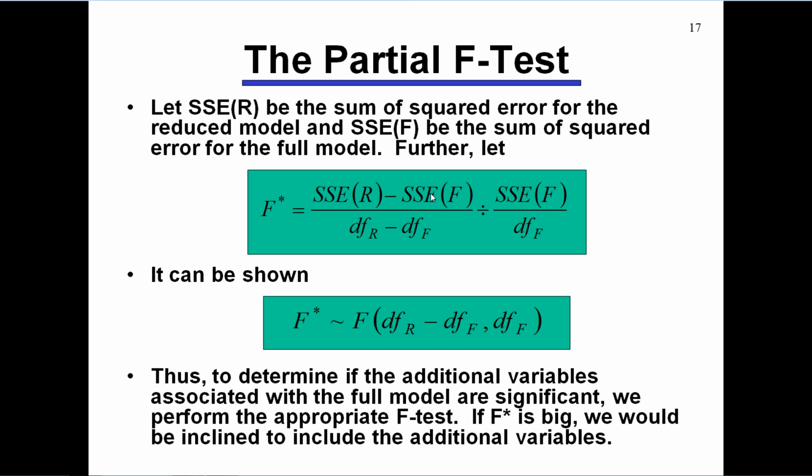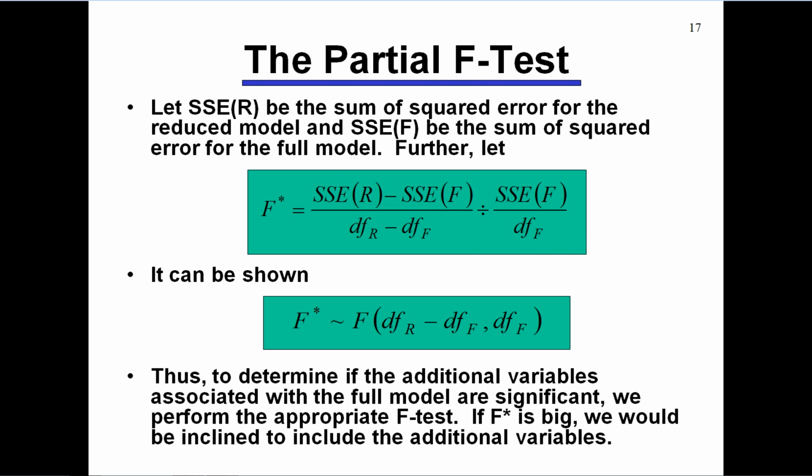So large values of f star lead us to the conclusion that the regression coefficients associated with these additional variables are not zero. That is, that including them significantly improves the explanatory power of the model.